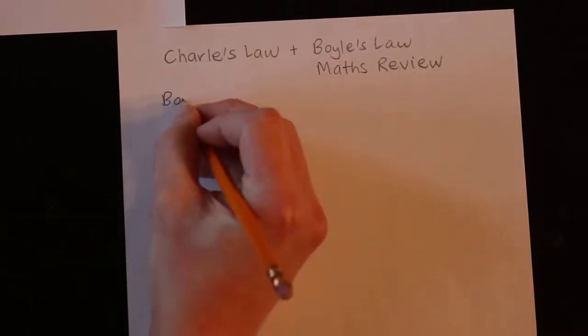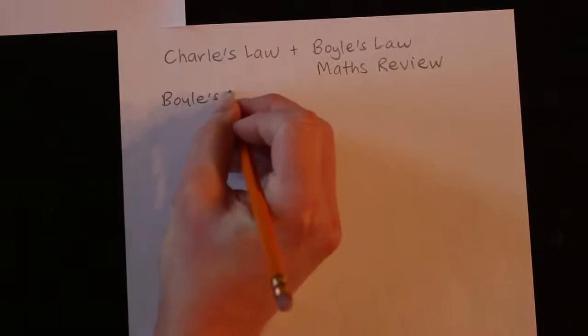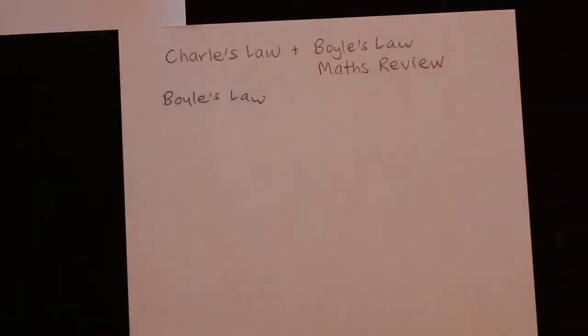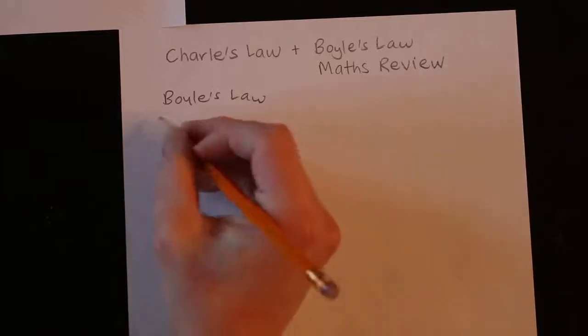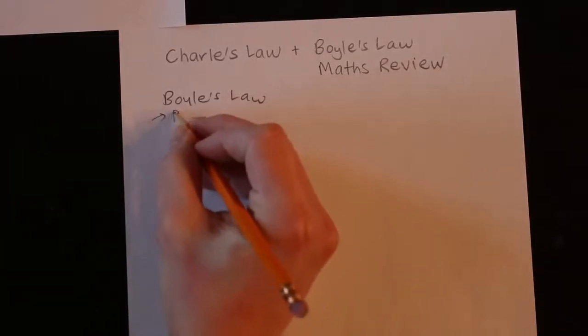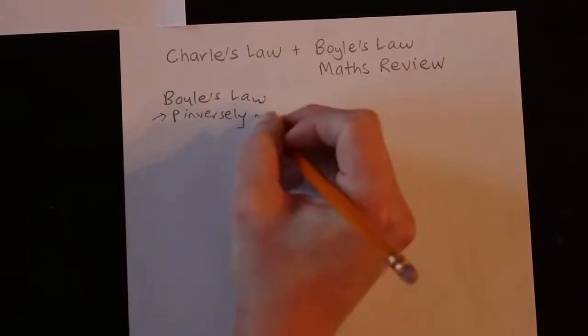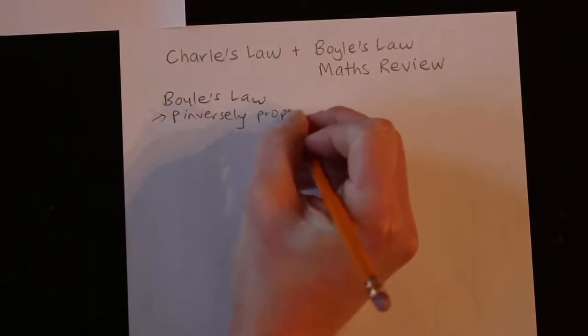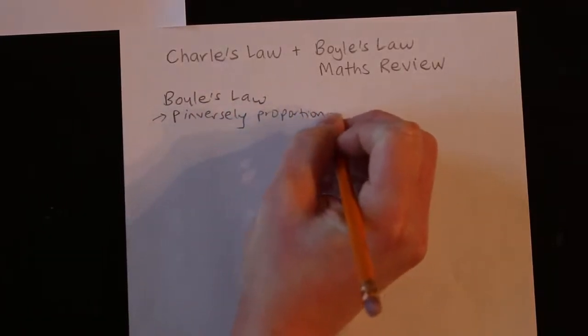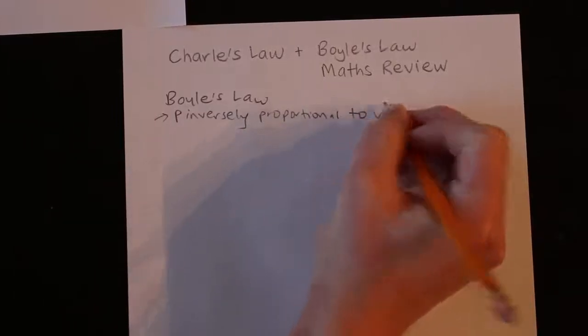Boyle's law. Okay. So remember, Boyle's law states that the pressure of a gas is inversely proportional to the volume. So that's what it means. So pressure is inversely proportional to volume.